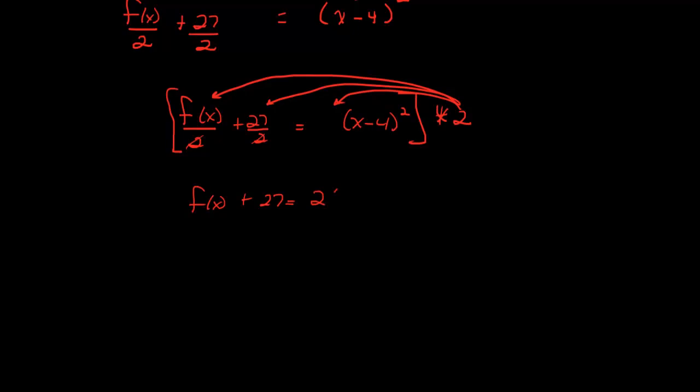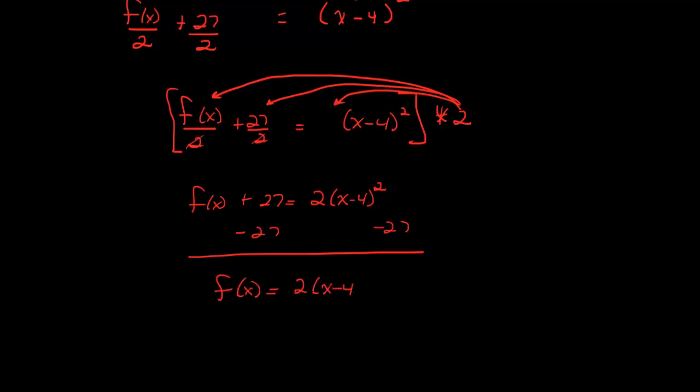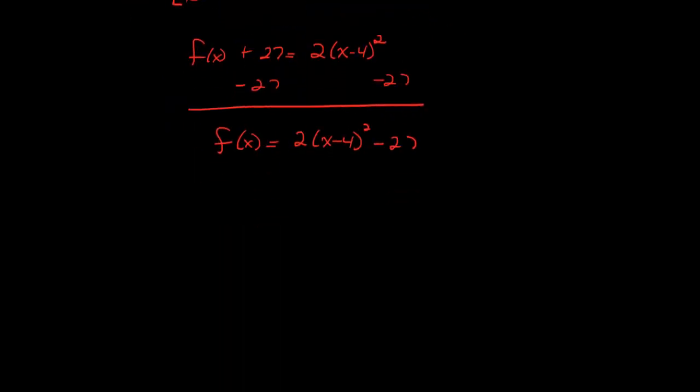And that equals 2 times the quantity x minus 4 squared. Now I subtract 27 on both sides, and I get f of x equals 2 times x minus 4 squared, all minus 27. And that, ladies and gentlemen, will be the complete square form.